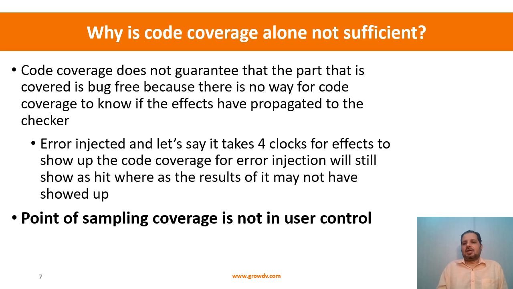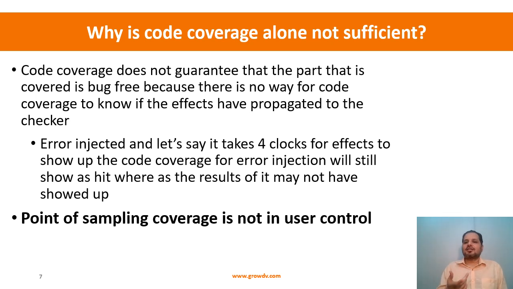Both the metrics are prone to certain false positive biases that we cannot totally eliminate, but we can say that code coverage is relatively more prone to such biases compared to the functional or the assertion based coverage, wherein we have the sampling point under control. Of course, it also comes with the additional caveat that the implementer of such a metric needs to make sure he is using the sampling point to sample at the correct point.